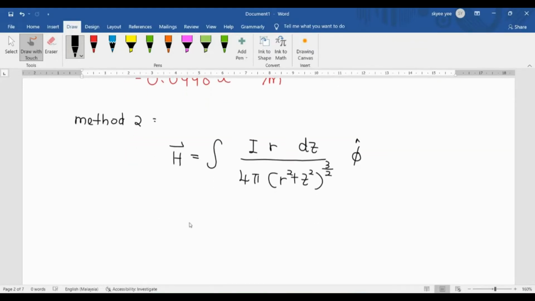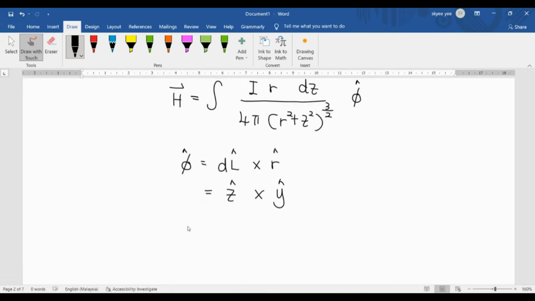For the phi, you still have to use the method that I explained just now, where you cross product the direction of the length, which is z, with the direction of this, which is y. So you get negative x. You still have to use this method to get the directions.